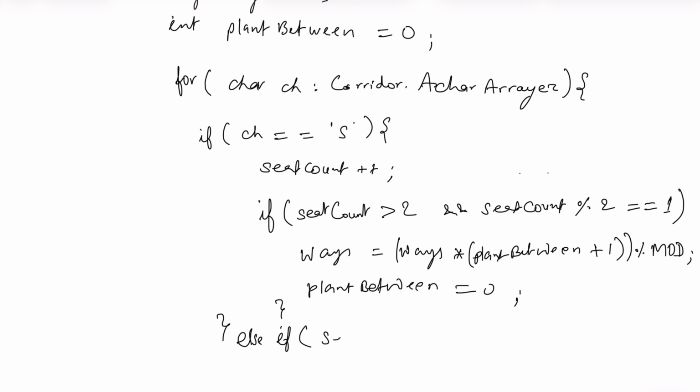Once this is done, we'll find the total seats. The total seats must be even and at least 2.